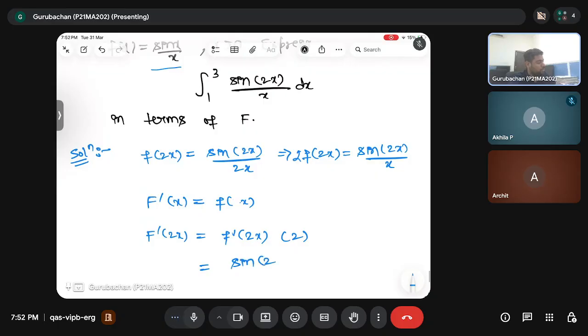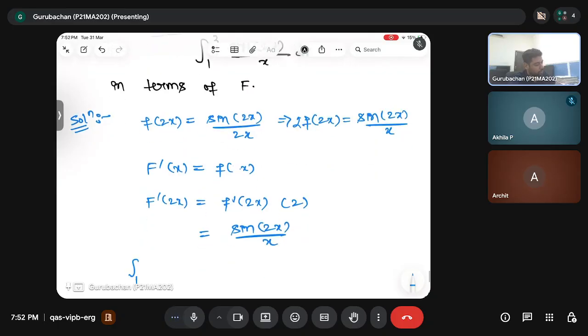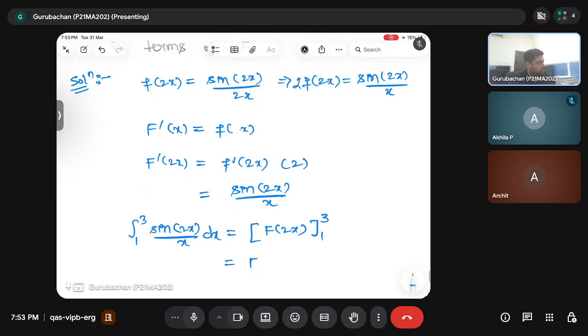Sine 2x by x. Thus, by the fundamental theorem of calculus, the integral from 1 to 3 of sine 2x by x dx will be F of 2x from 1 to 3. So this will be F of 6 minus F of 3. Clear?